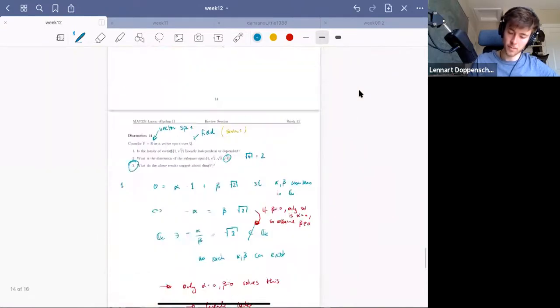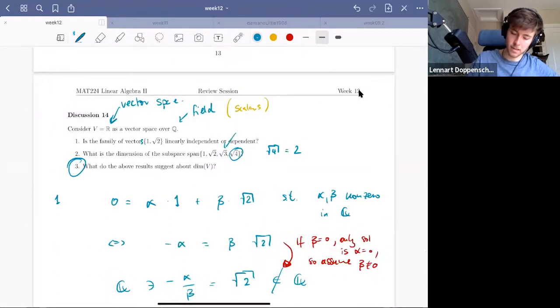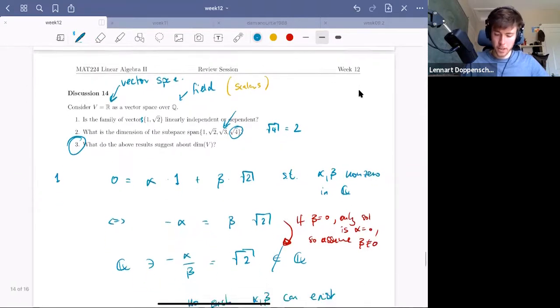So you would just do something like this, and then take higher square roots of... yeah, I'm not going to make this precise. Any questions about this discussion?